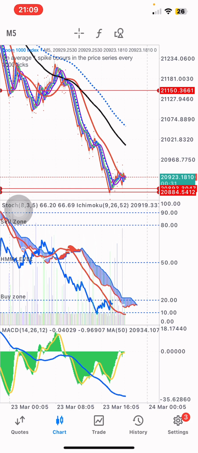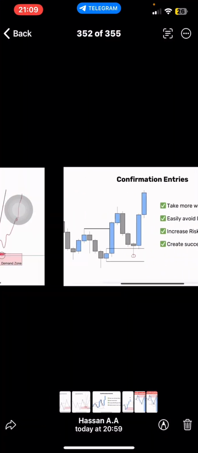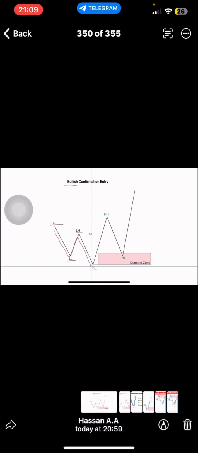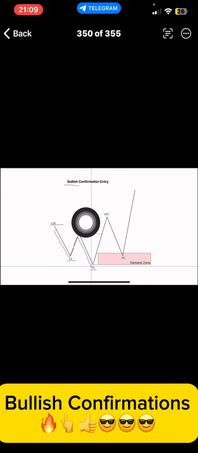Now I want you to understand something. Anytime you want to either catch spikes or trade the ticks, these are the only confirmations you need. For bullish price action confirmation, this is what you need. You want the market to start trading in a downtrend and all of a sudden the market creates what we call a break of structure or change of character.